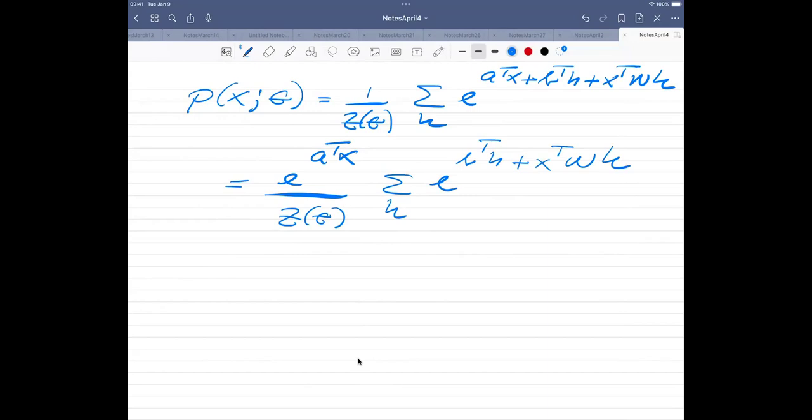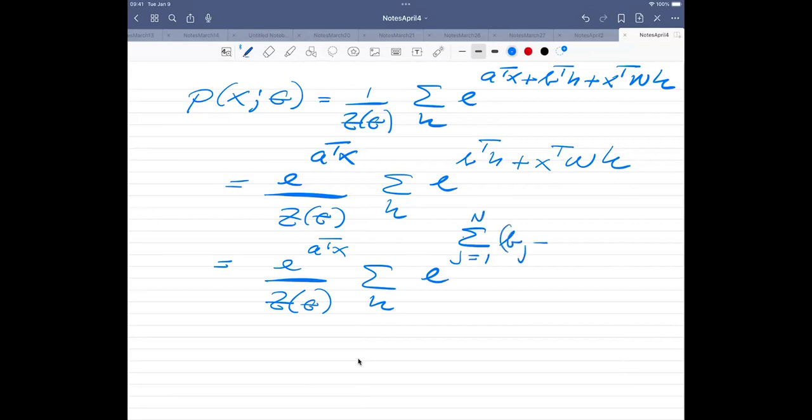I can then rewrite this now because these are summations which I need to deal with. So I will now have a sum over the hidden nodes. So this is going to be given by e of a transpose times x divided by z of theta. And then I have a sum over h here. And then I have e, and then a sum over the hidden nodes. So for every h, I have a specific set of hidden nodes. And this is given by 1 up to n. And then I have my b j plus, and then I have my x transpose.